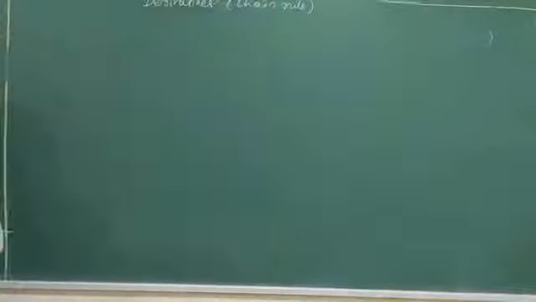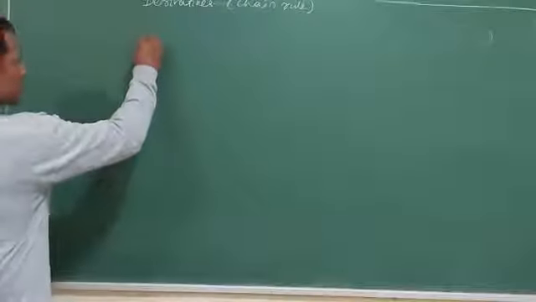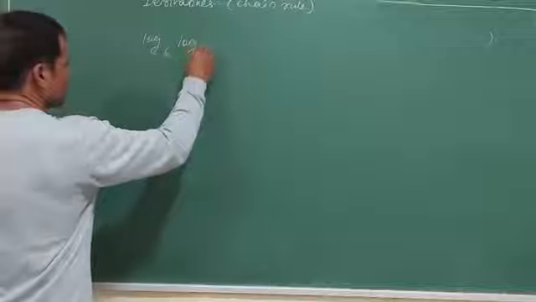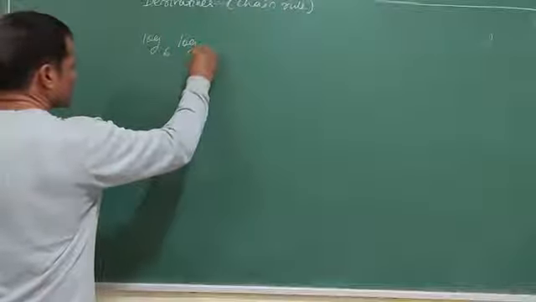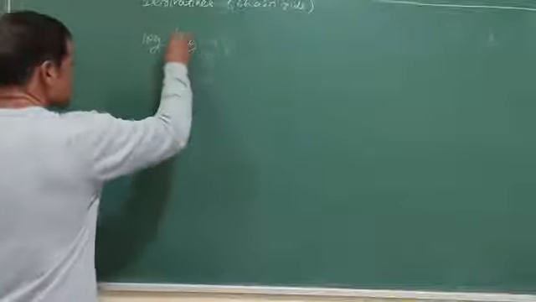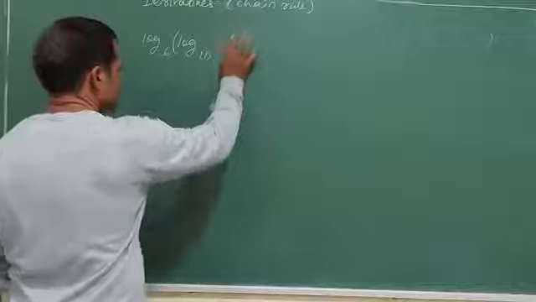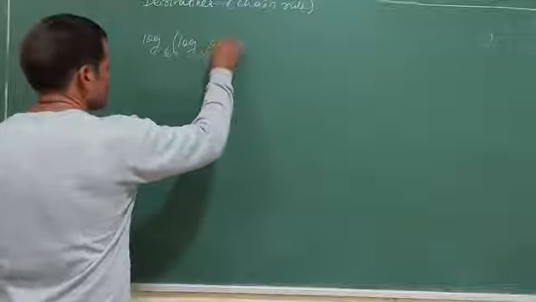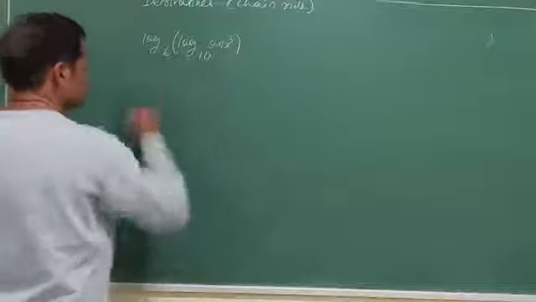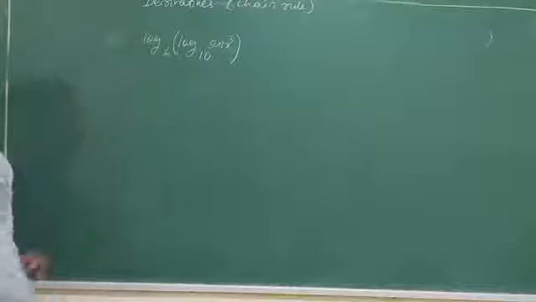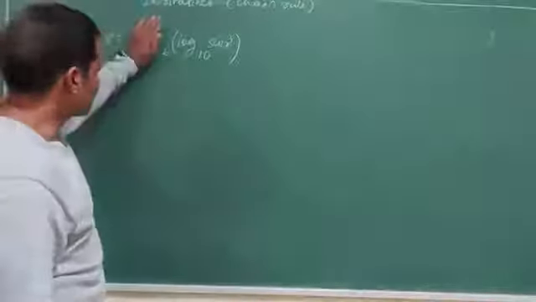So if I get a question like log base 6 of log base 10 of x, let's make it a little bit more complicated, log sin x cube. When I get this question, my first target is to start reading from here.